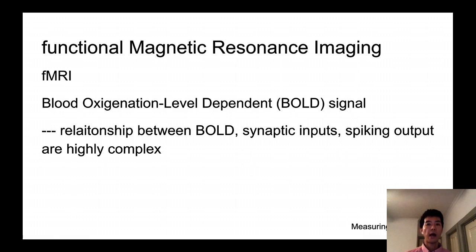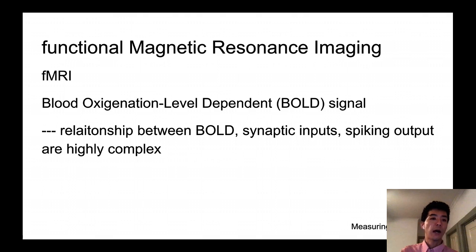And that has resulted in a huge amount of empirical data to talk about consciousness in the current research. However, fMRI turns out to be very complicated in terms of the relationship between the neurons and its signal.